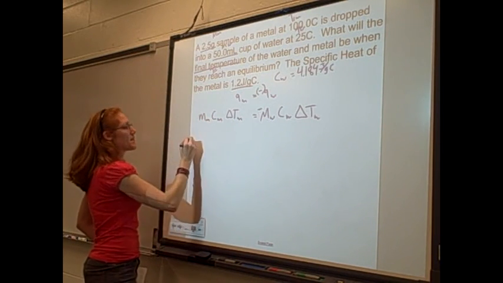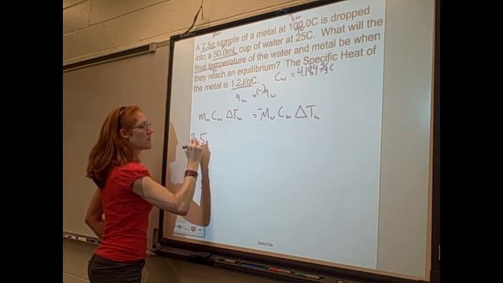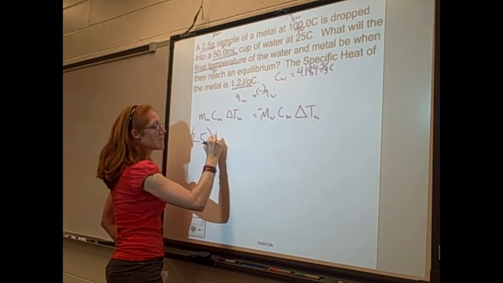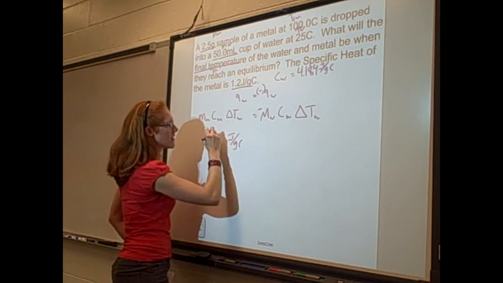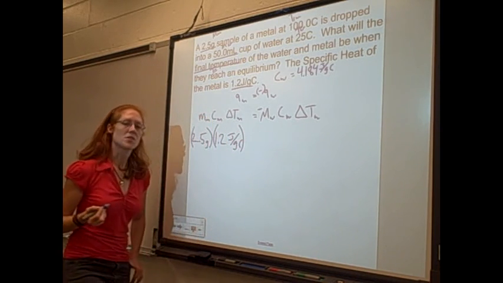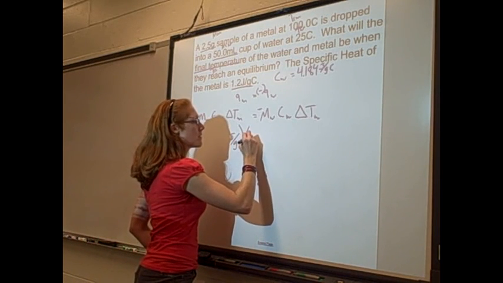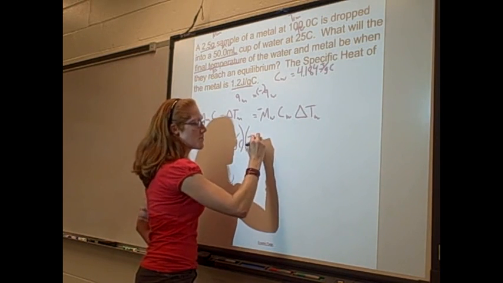So I have 2.5 grams of the metal. The specific heat of the metal is 1.2 joules per gram degree Celsius. And the change in temperature is going to be the final minus the initial. I'm looking for that final, and I know the initial was 100 degrees Celsius.